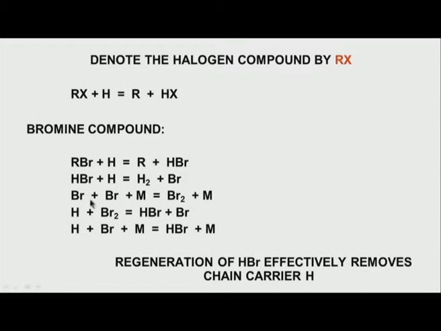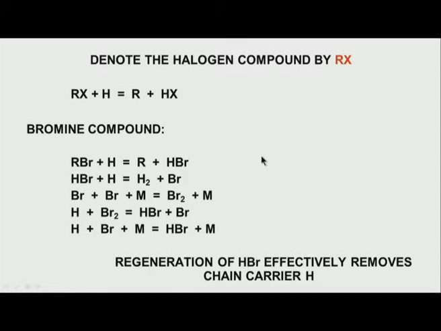Therefore, you see a series of steps by which the hydrogen chain carrier is being removed, and also we find that hydrogen bromide gets further regenerated in the reaction, which effectively promotes further robbing of the chain carriers. Therefore, the regeneration of HBr effectively removes the chain carrier H, and when we remove the chain carriers, you do not have much of the chain carriers to prolong your induction time and also accumulate chain carriers by which you have a spurt or a peaking in the reaction.